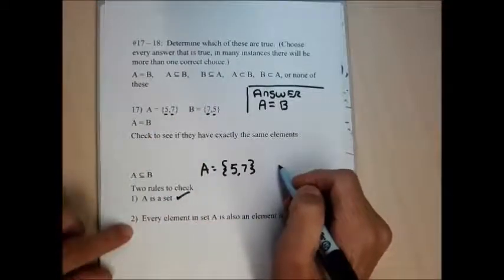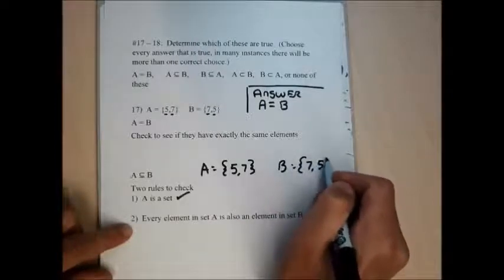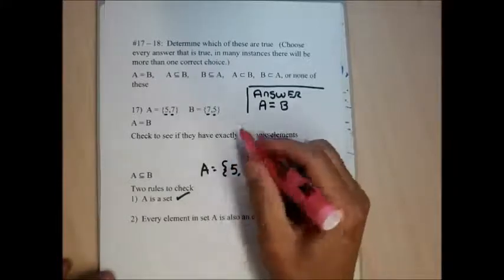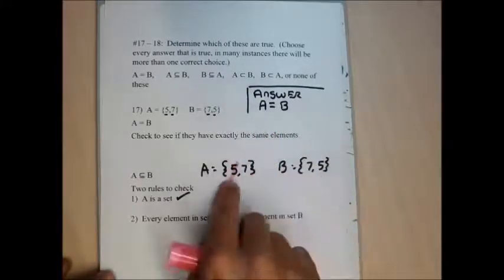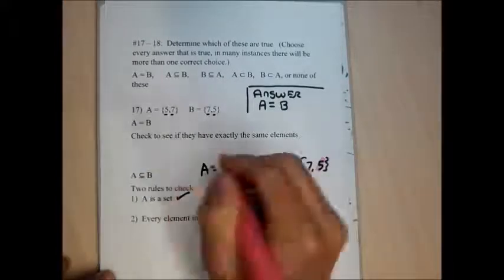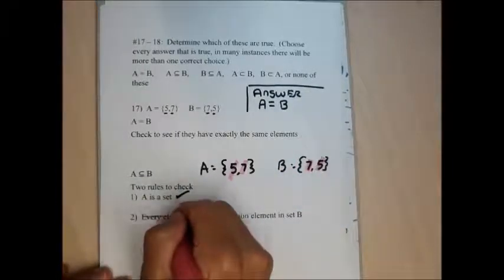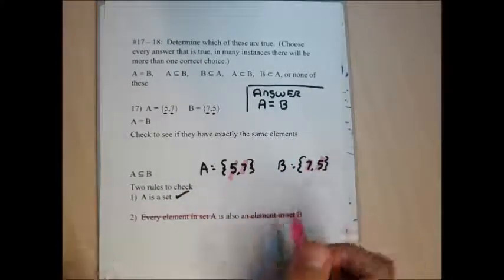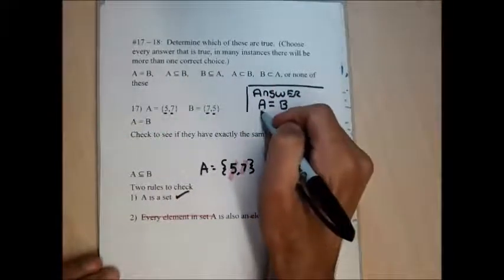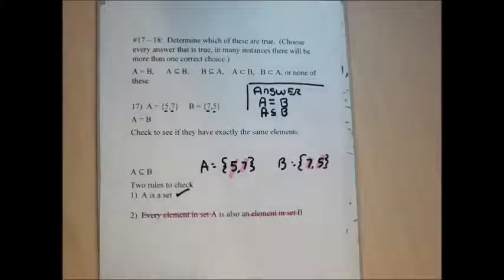The second rule I need to check is to make sure that every element that's in set A is also an element of set B. And this holds, because 5 is an element of A, and for A to be a subset of B, 5 would also have to be in B. 7 is an element of A, and 7 is also an element of B. So every element in set A is also an element in set B. So this is satisfied. So A is also a subset of B. There isn't that third rule that would make this answer no.